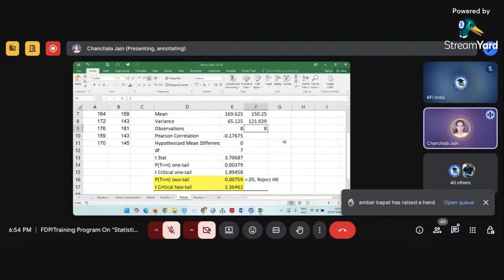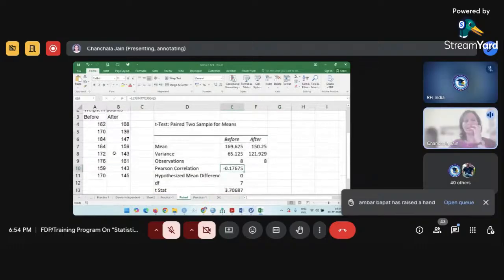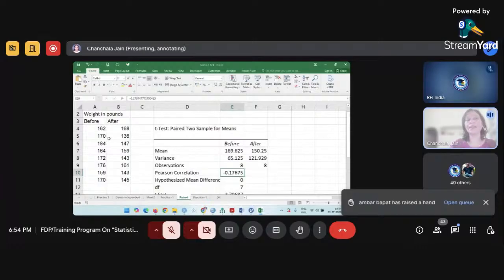Positive correlation means the direction of the change is the same. If one variable is increasing, the other variable is also increasing. Negative means one variable is increasing, the other is decreasing. That means here negative means that after the intervention there is a reduction in the weight. That is why it is coming negative. Okay. Thank you, madam.